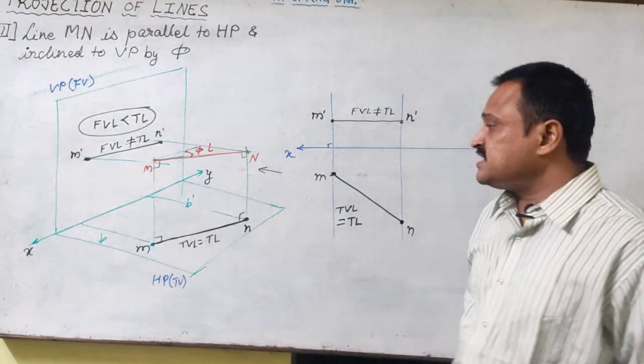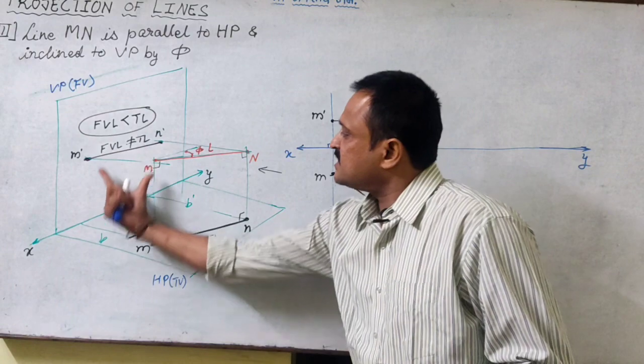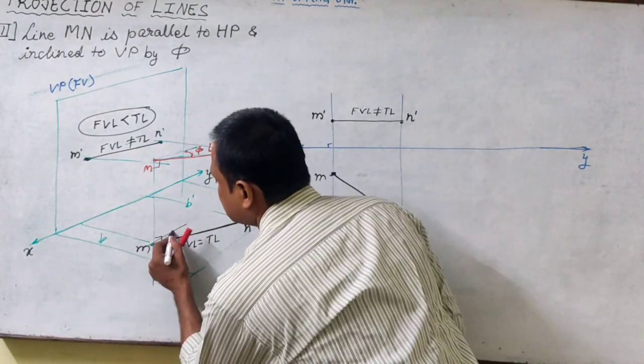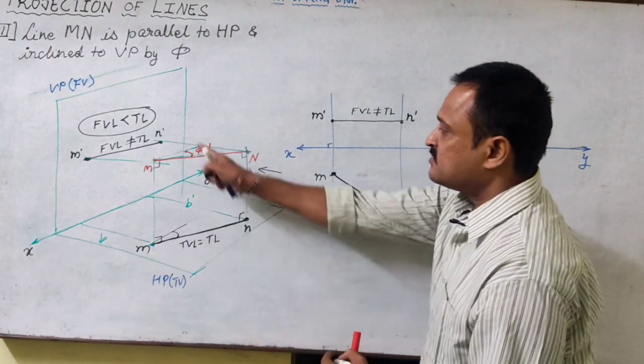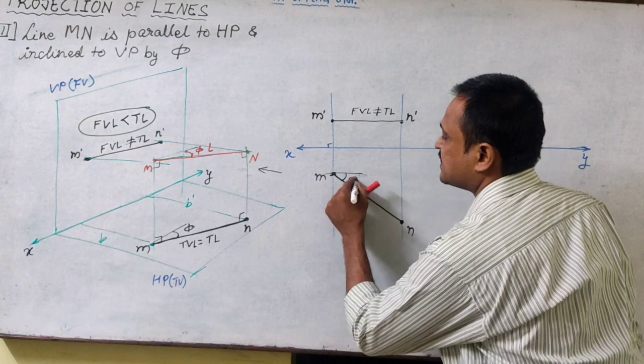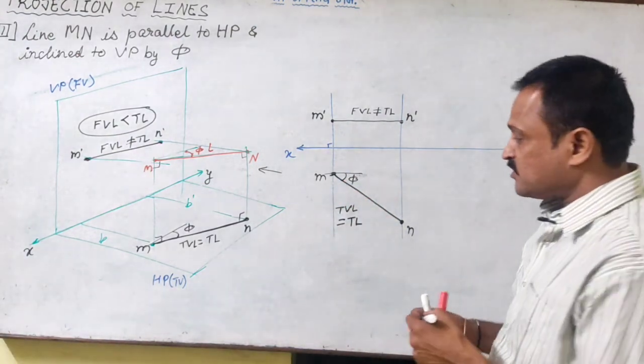Then what about the inclination? When these conditions are same as what we are seeing here, the inclination of this top view image will be same as that of phi. And what is phi?